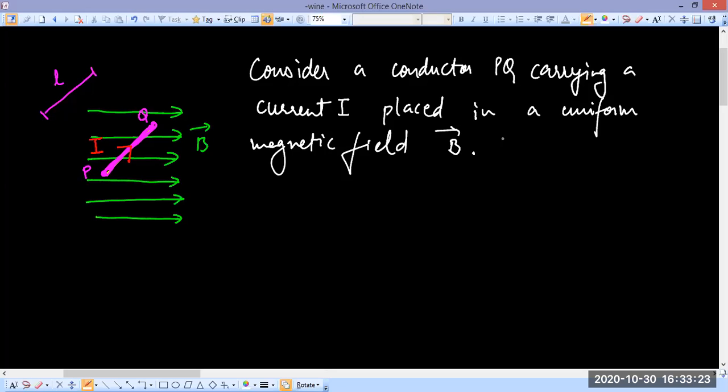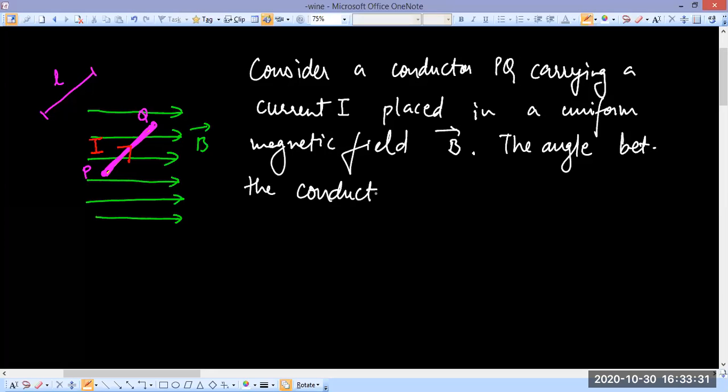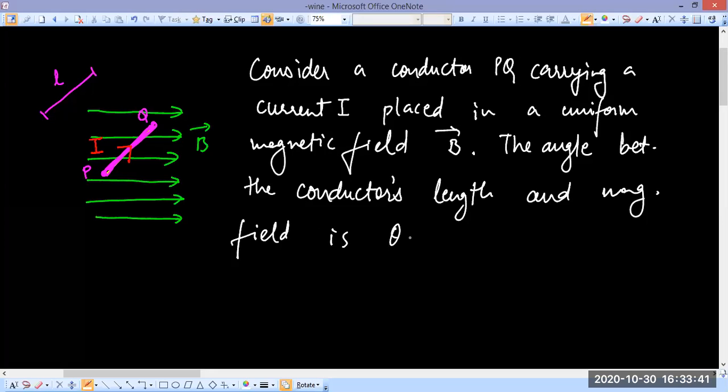See, the angle between the conductor's length and magnetic field is theta. So suppose this angle is theta. Now we have to find what's the force acting on this whole thing.